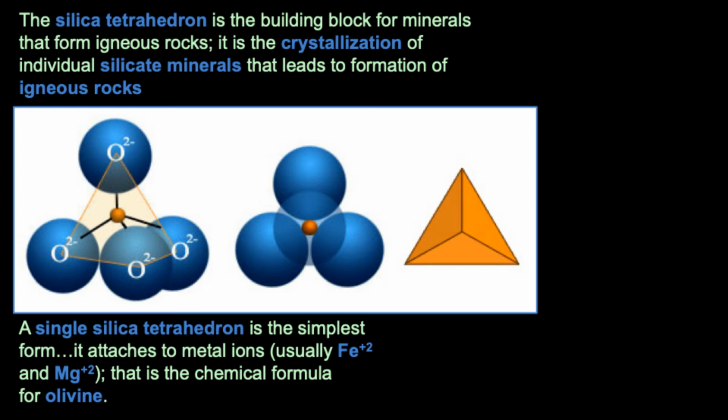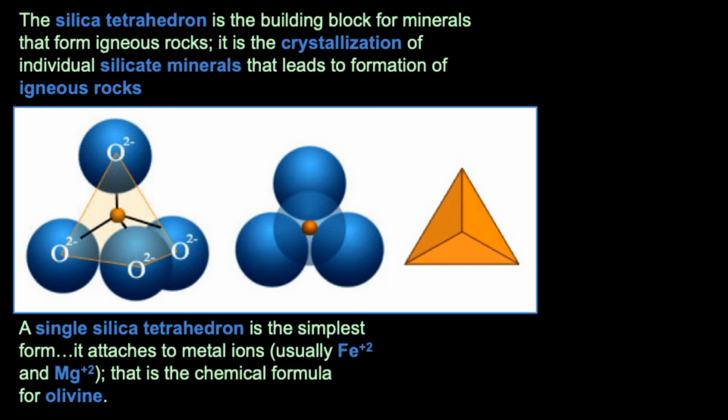Now, the simplest mineral of all is one that links up with the metal ions directly onto that silica tetrahedra, and that would be like olivine. Olivine is MgFeSiO4, or it could be Mg2SiO4, and so that's going to satisfy those -4 charges.